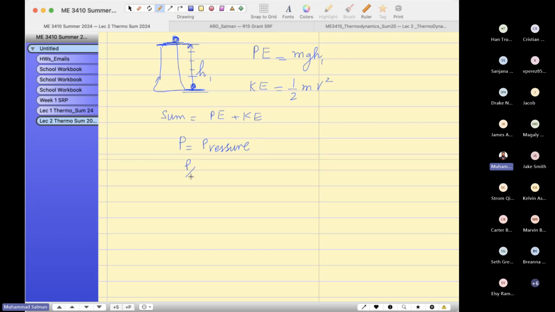And if I write down pressure per unit density, this is energy due to the pressure.